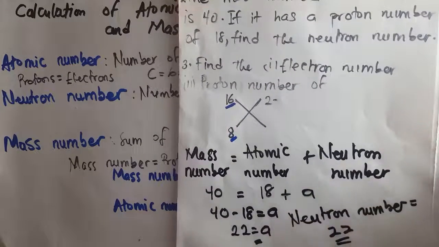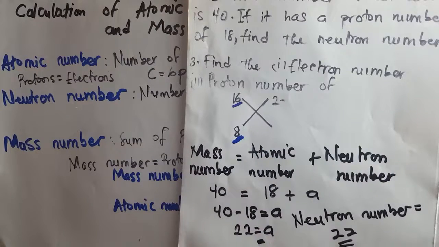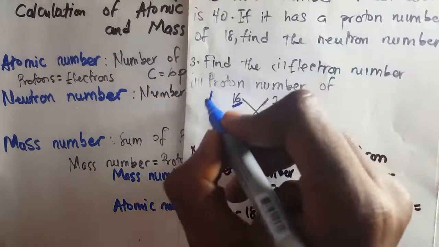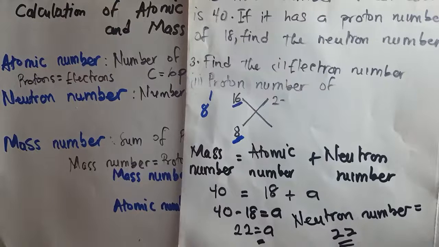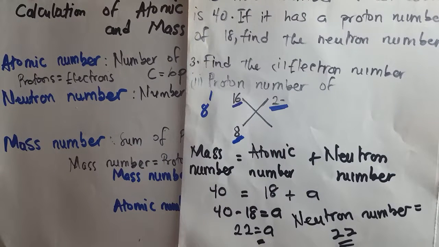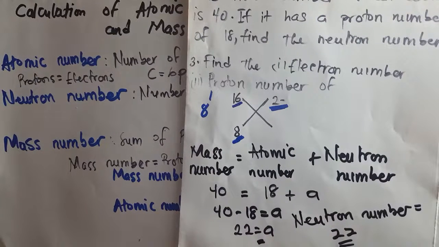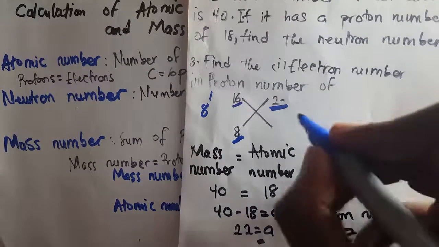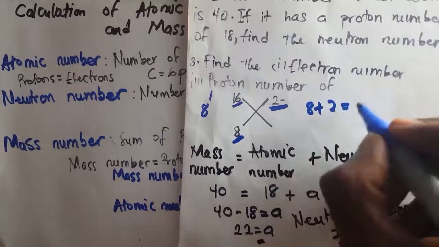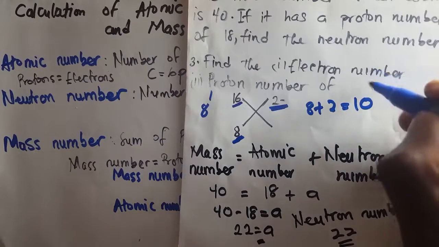So let's start with the proton number. Since the atomic number is 8, it means the proton number is also 8. Now, the next thing is the electron number. When you look over here, the element has a charge. This is not a neutral atom. Since it has a charge, 2 minus means that it is gaining. How many is it gaining? It is gaining 2 more electrons. So 8 plus 2 electrons is going to give you 10 electrons. So the element now has 10 electrons. So the electron number is 10.